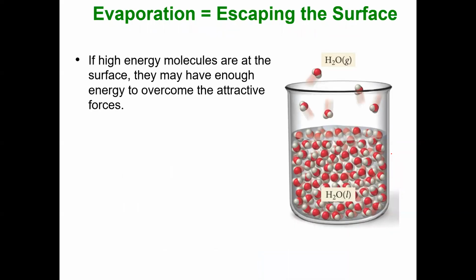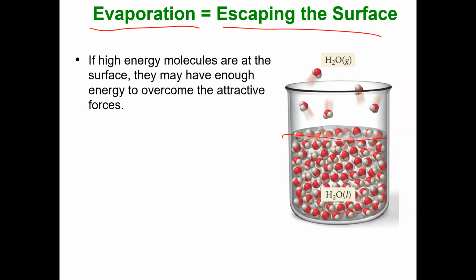Since we're talking about the surface, let's talk about evaporation, because evaporation occurs at all temperatures. Essentially, evaporation is the liquid escaping the surface. What do I mean by escaping the surface? When I have a liquid, the intermolecular forces keep it in the condensed phase.